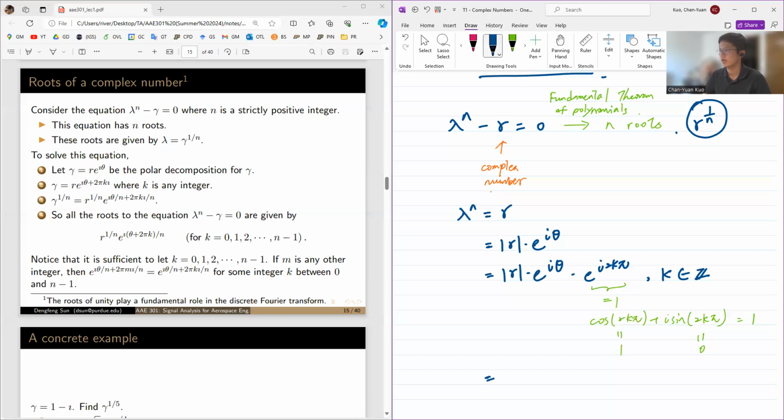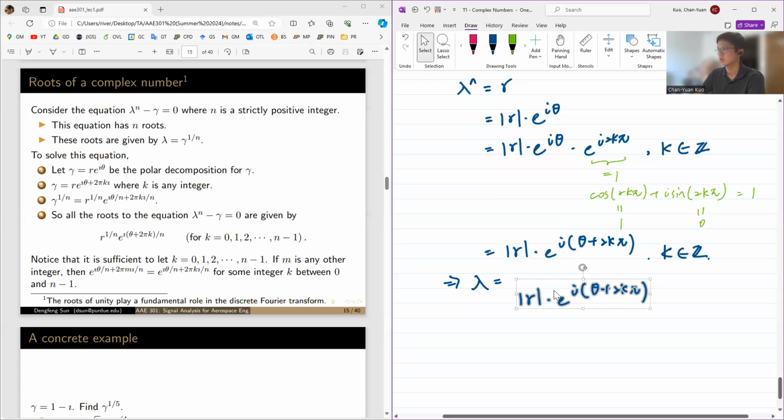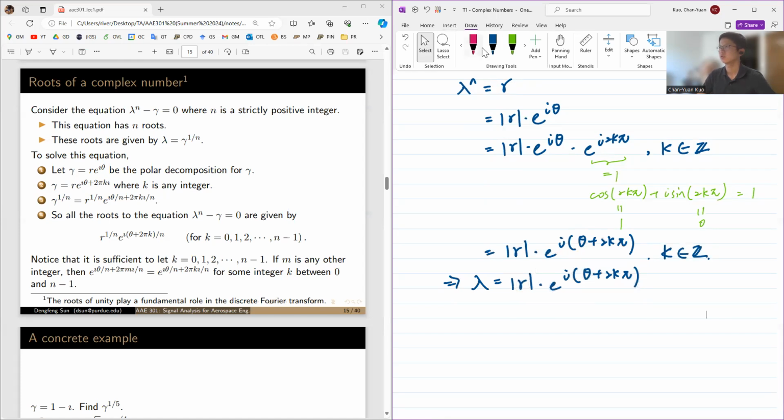So now we have lambda to the power of n equals the magnitude of gamma times e to the i theta plus 2k pi, where k is an integer. Now we can evaluate lambda simply by taking the nth root of the right hand side.